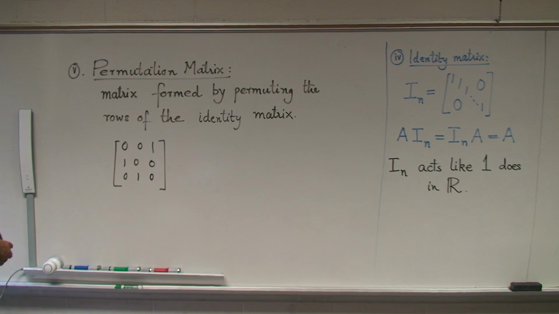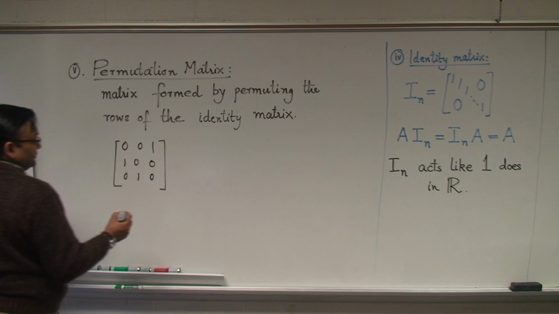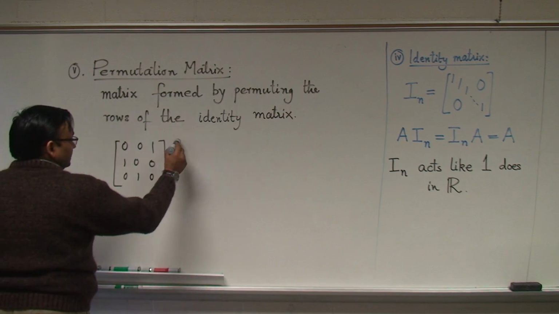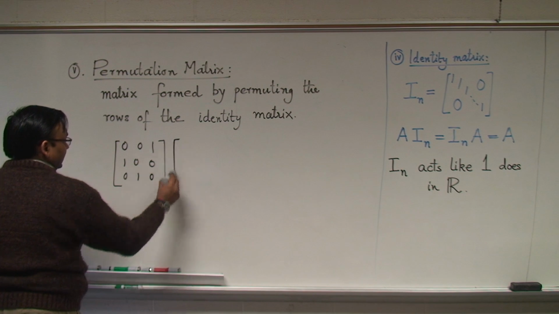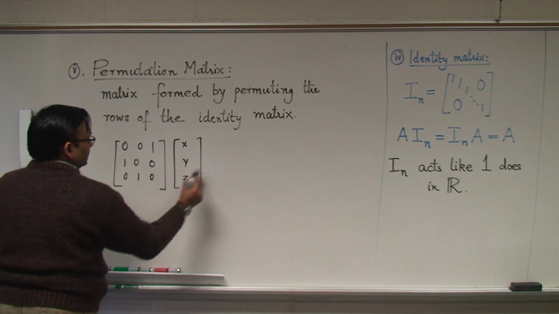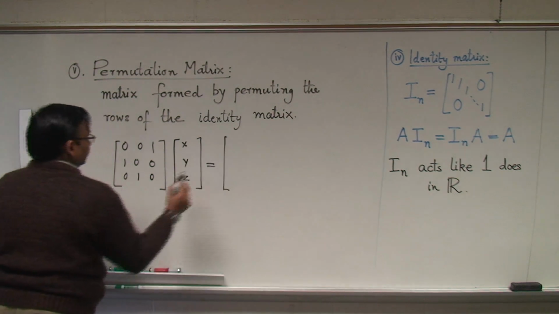Now, why are we so fond of this matrix? You will see permutation matrix exactly does what the name suggests. It permutes things. So for example, look at what will happen if I take x, y, z and multiply it using a permutation matrix.